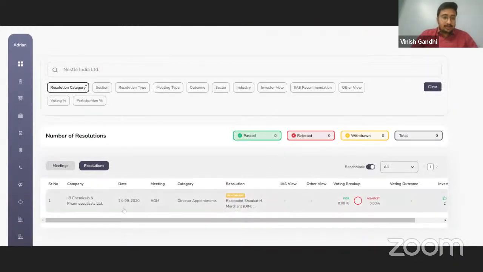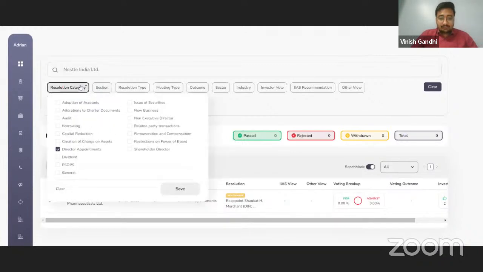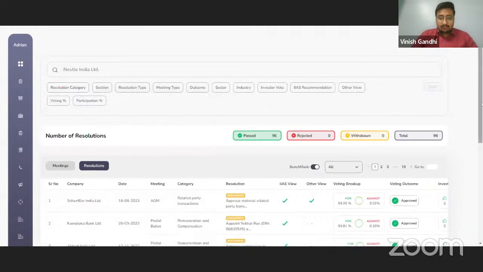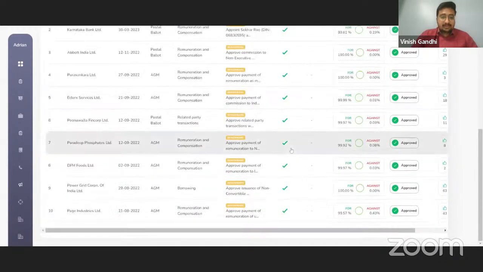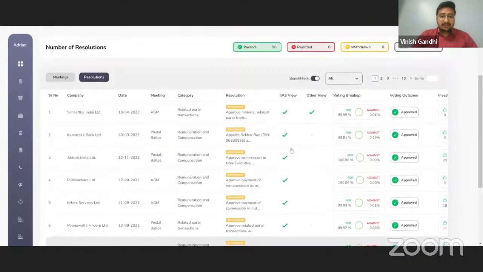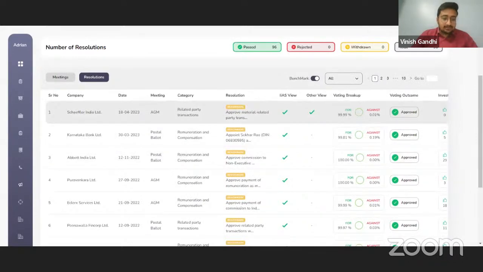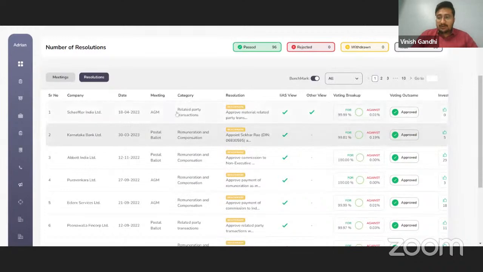Again, these are available for all the categories. So basically we have benchmarks for each and every resolution category, and these are also updated regularly. So you will see there's a resolution that was benchmarked like 10 days back. So these are also regularly updated.